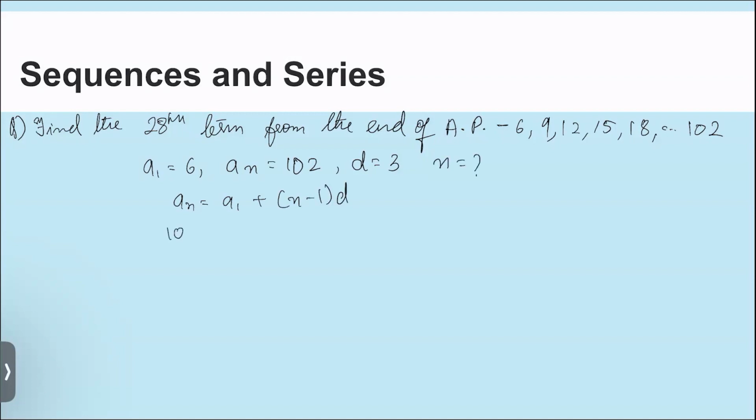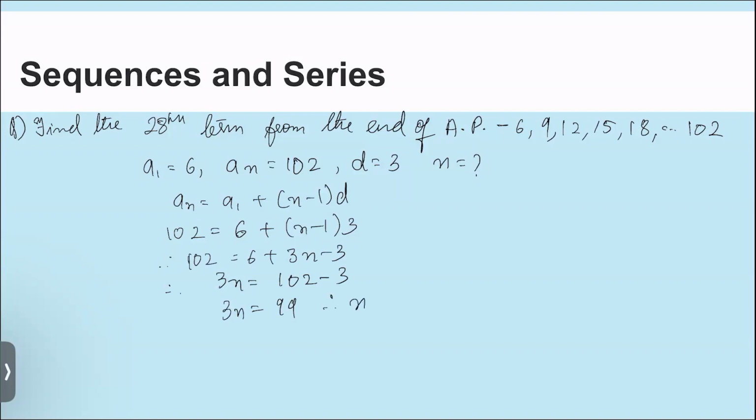Your AN is 102, A1 is 6, this remains N minus 1, and our D is 3. Therefore, 102 is equal to 6 plus 3N minus 3. So 3N is equal to 102 minus 3, that is 99. Therefore, your N is 33.